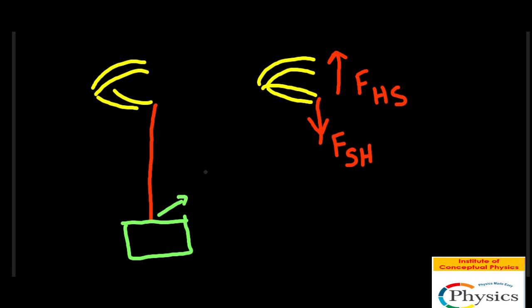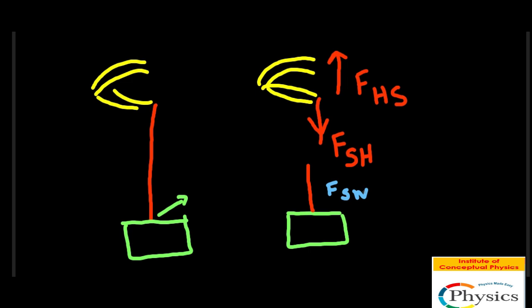Now draw the mass and the string. So that's your string. Look into the interaction. The string pulls the mass upward. So this is the force applied by the string on the weight, and then the weight brings down the string.